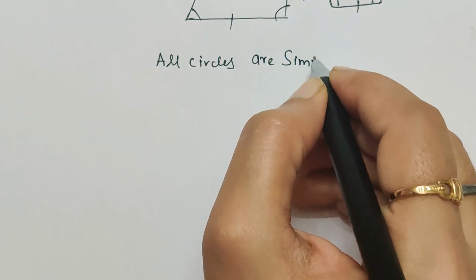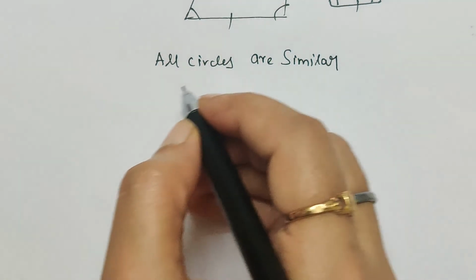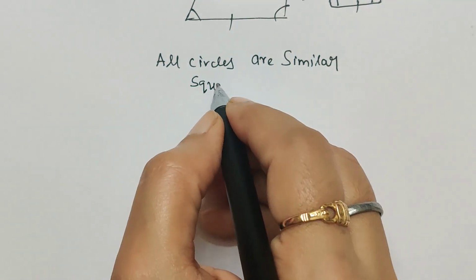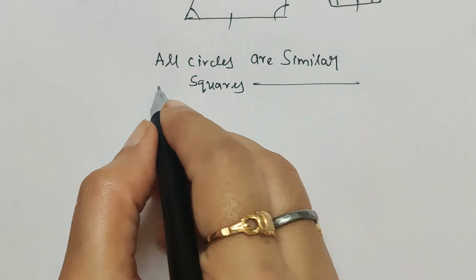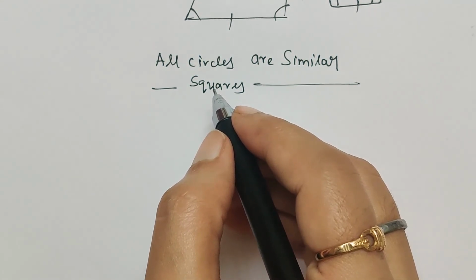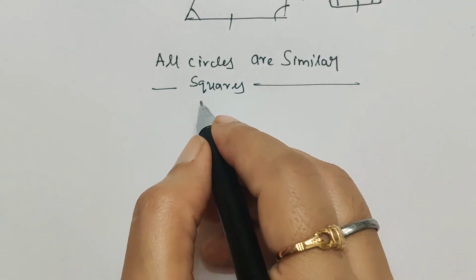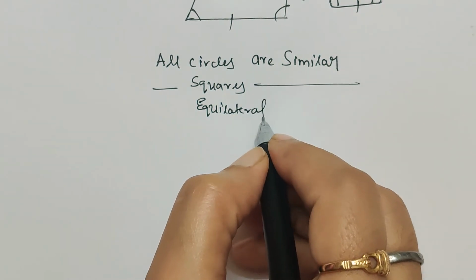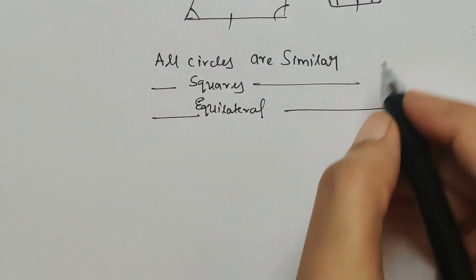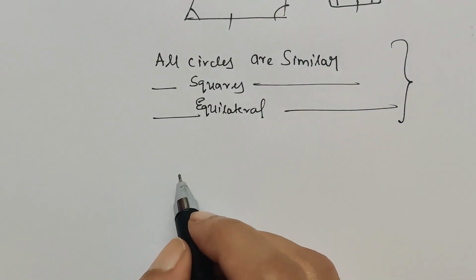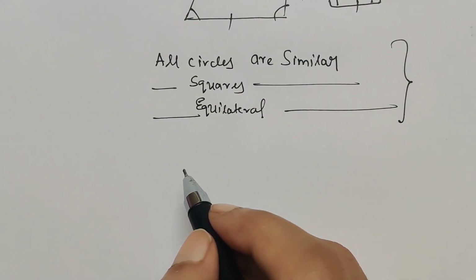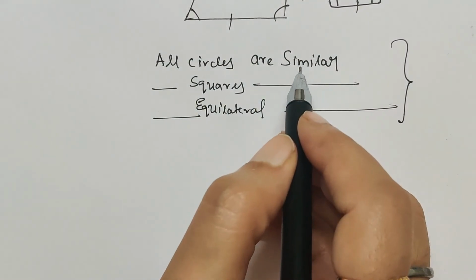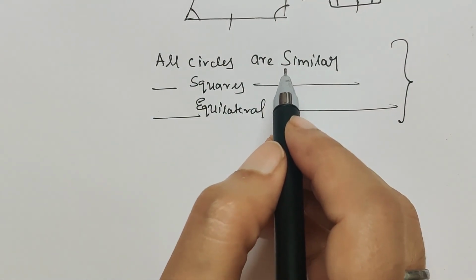Now if I ask myself, are all squares similar? Yes, all squares are also similar. Next question, are all equilateral triangles similar? Yes, all equilateral triangles are also similar. So we can easily visualize this result: all circles are similar, because we are not bothered about their size.